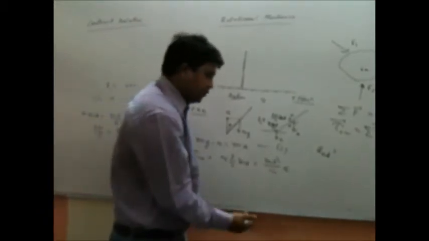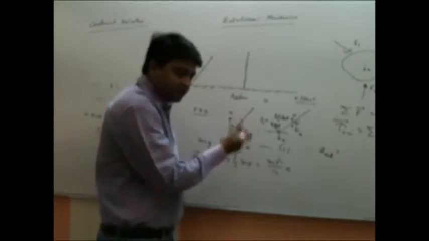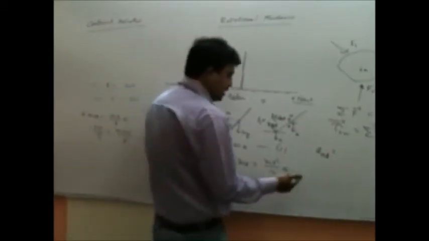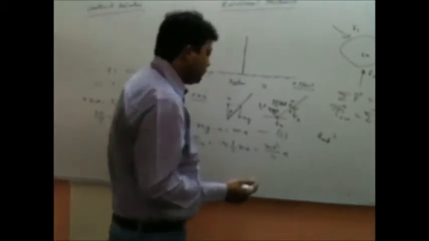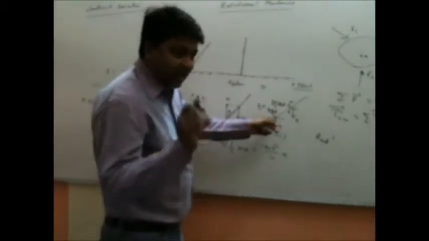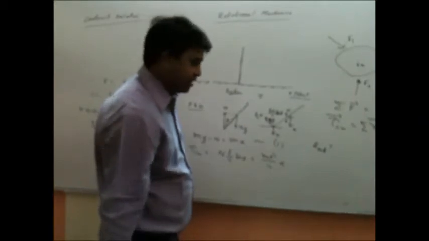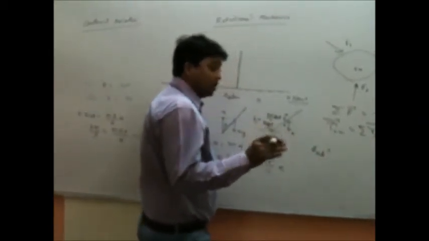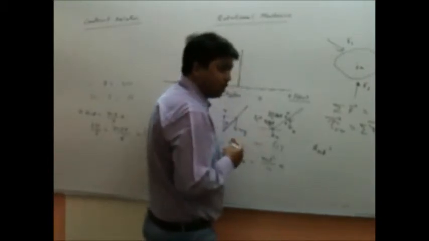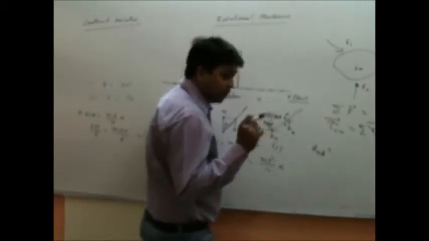So we can say there is no net perpendicular force acting on it. On this end part, there is no net perpendicular force acting on it. You may also ask this question, why is normal reaction not acting? Then I can say normal is acting on the entire rod, not on that point.